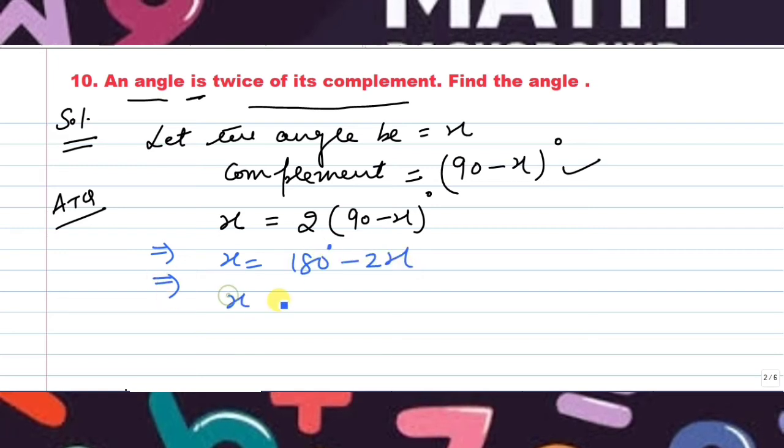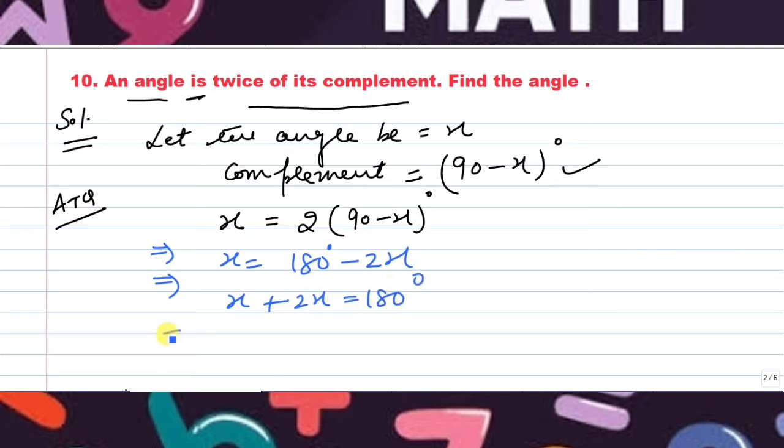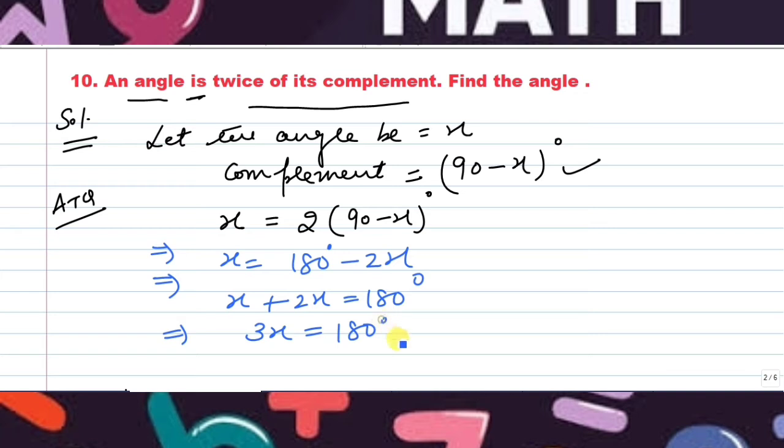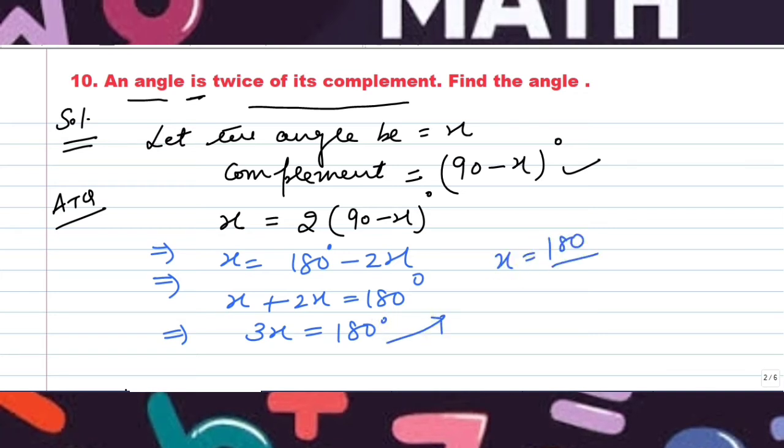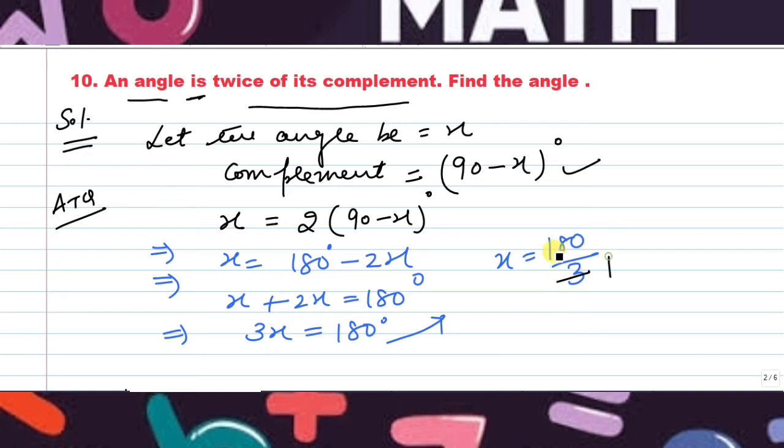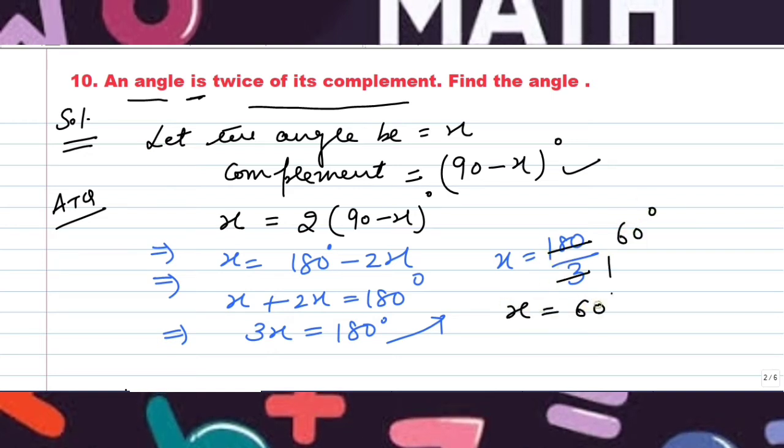You will transpose it. x plus 2x equals 180 degree. Now x plus 2x is 3x equals 180 degree. How will we find the value? 180 divided by 3. Then you have to cancel it. 3 ones are 3, 3 sixes are 18, 3 zeros are 0. So angle is 60 degree. So this is your answer.